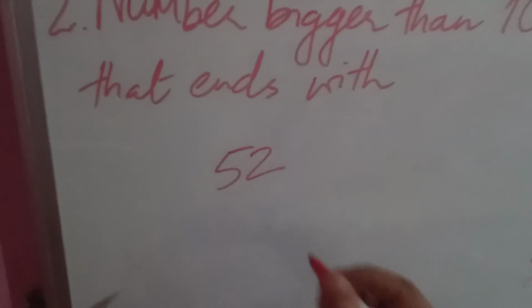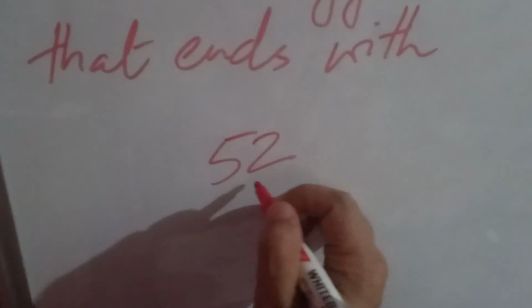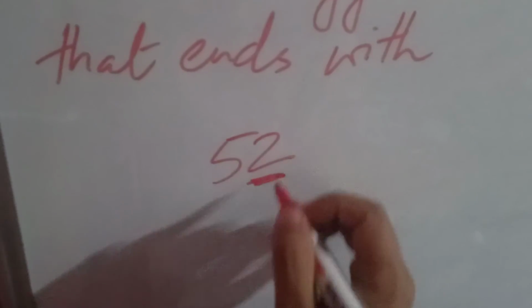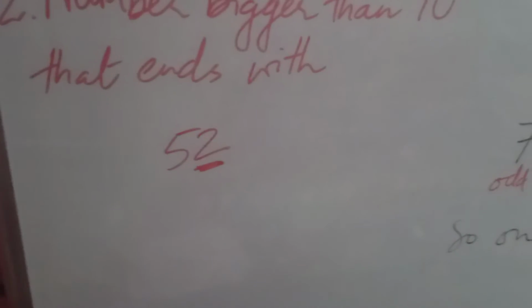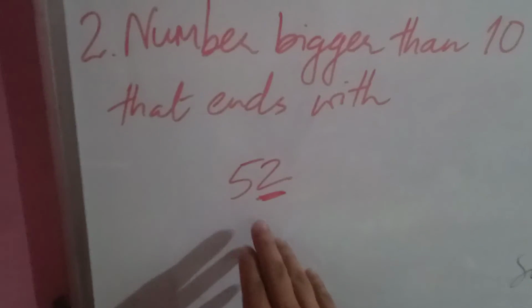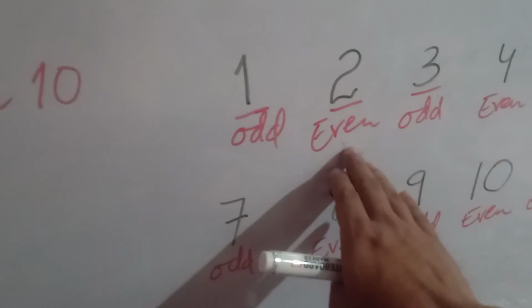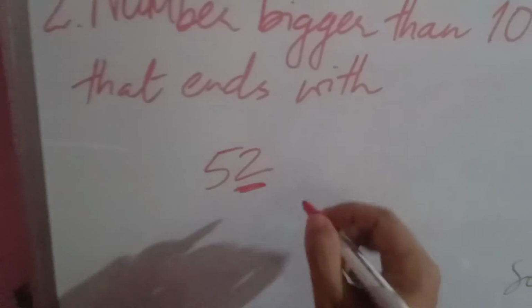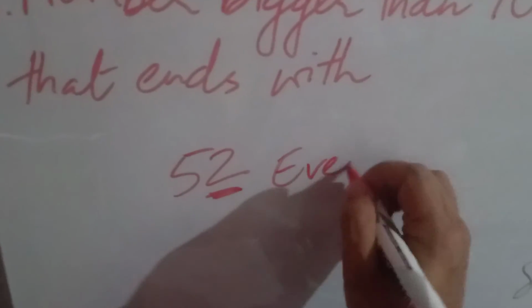By looking at the end number. Since 2 is an even number, 52 is an even number.